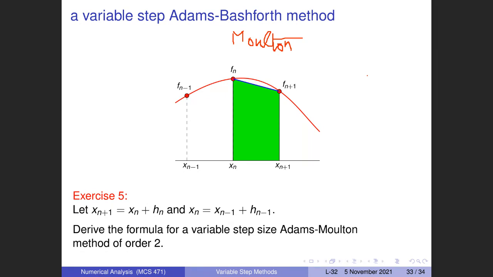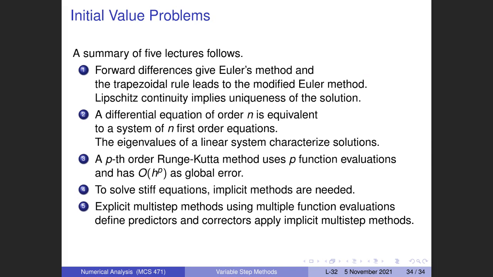The question here is to derive the 2-point Adams-Moulton method, where you use the trapezoidal method. So instead of having h divided by 2, you will have hn divided by 2. As a matter of fact, the hn-1 will not factor in. All right, not all exercises are as hard. Just knowing the concepts matters.